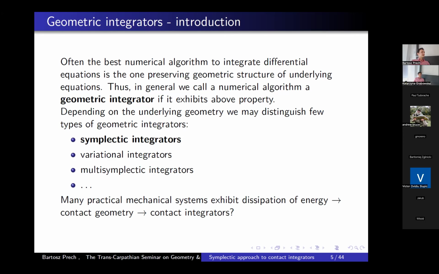That's the simplest, but also in mechanical examples a pretty important type of geometry. But there are also others: variational integrators, and multi-symplectic integrators in the topic of field theory. So you can consider many types of them.